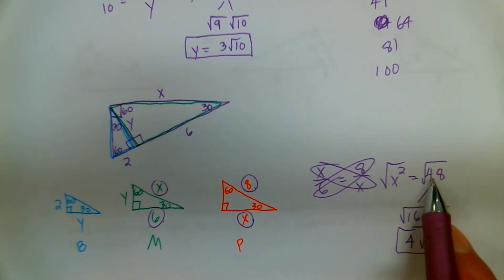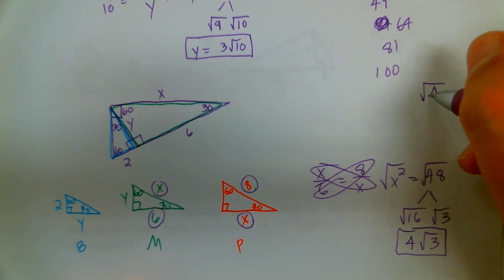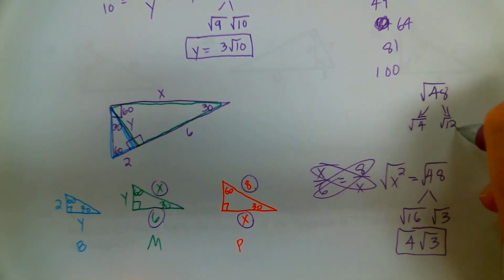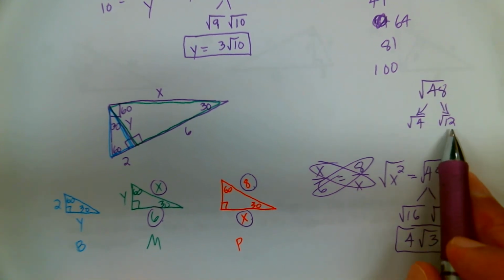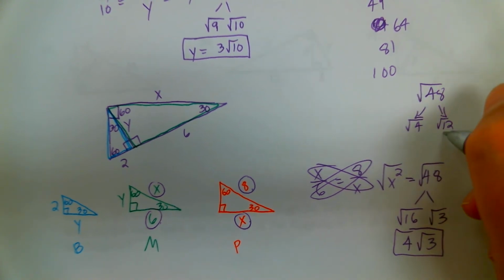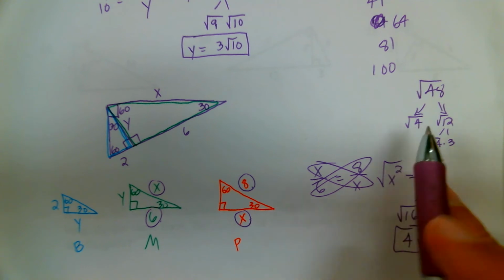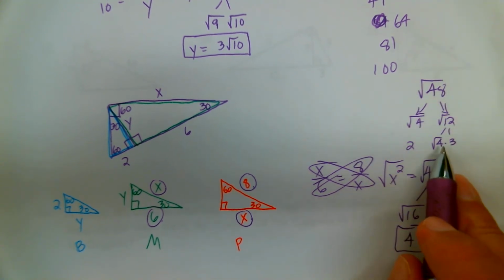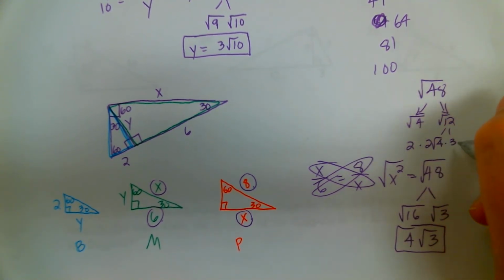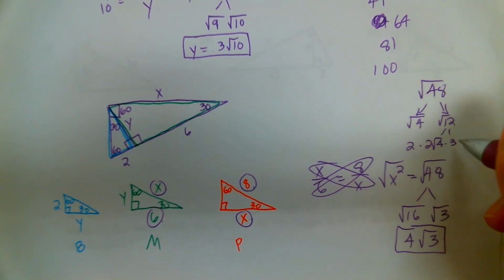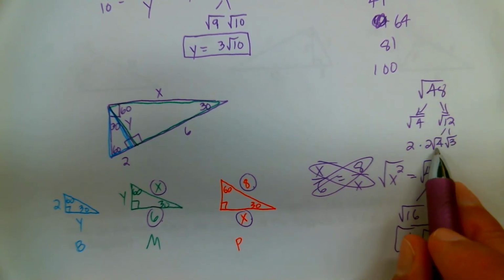Now watch what happens if you didn't do this correctly. If you broke this down into the square root of 4 and the square root of 12, the problem is that 12 is still not simplified, because I can break that down into the square root of 4 and the square root of 3.